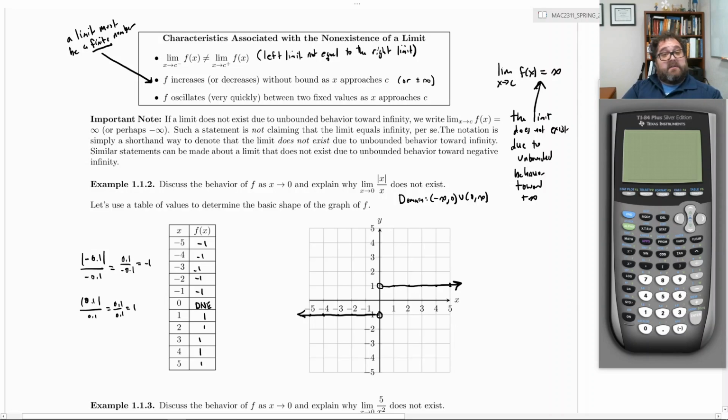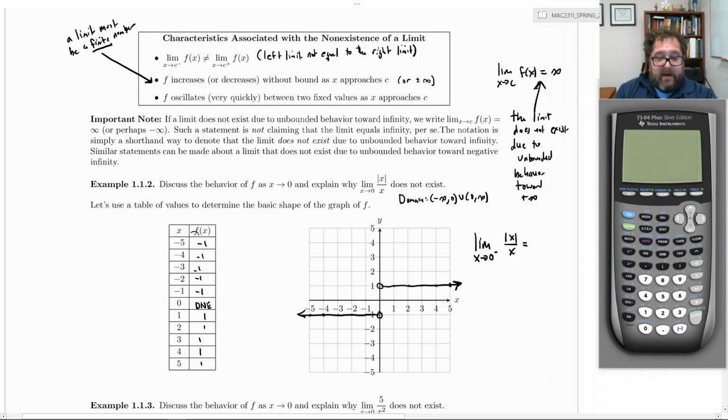And now I think we can see that bullet point number 1 is coming into play here. If we consider the behavior from the left, that is, the limit as x approaches 0 from the left of absolute value of x over x, what is happening with the y values as we get really, really close to 0 from the left?